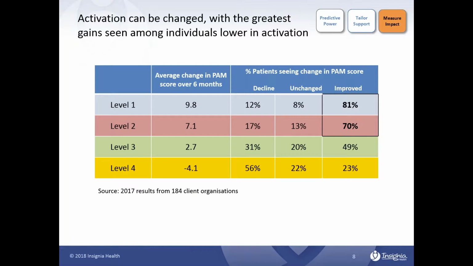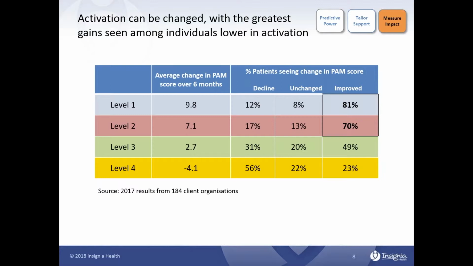Some of those organisations are very big, like Kaiser Permanente. This involves about 1.5 to 2 million patients, and they involved organisations that scored their patients at least twice over a 6-month period. You can see the lower activated patients, level 1, on average move around 10 points over that 6 months.